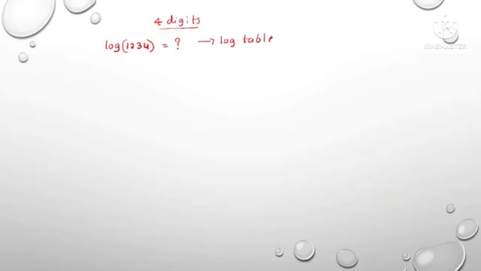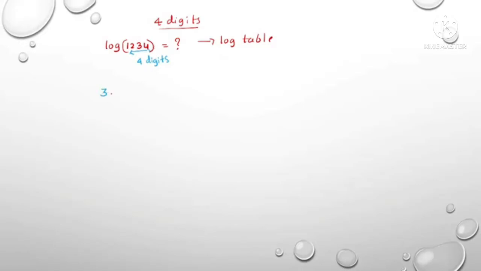Now I will tell you how to use the log table. First observe how many digits are there in the given problem. There are totally 4 digits. So the first point is, 4 digits are there, so with that we have to subtract 1. 4 minus 1 is how much? 3.